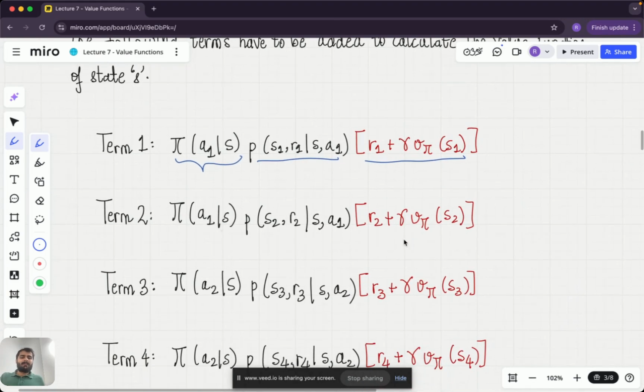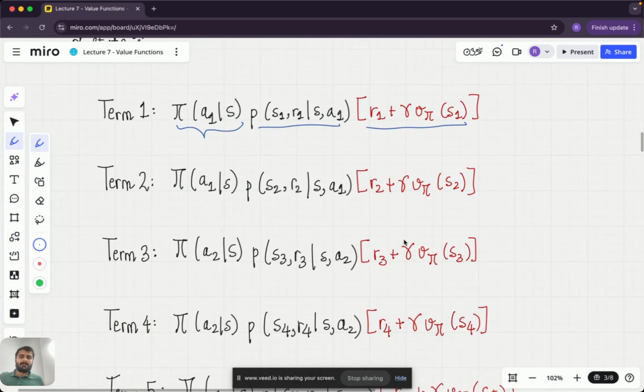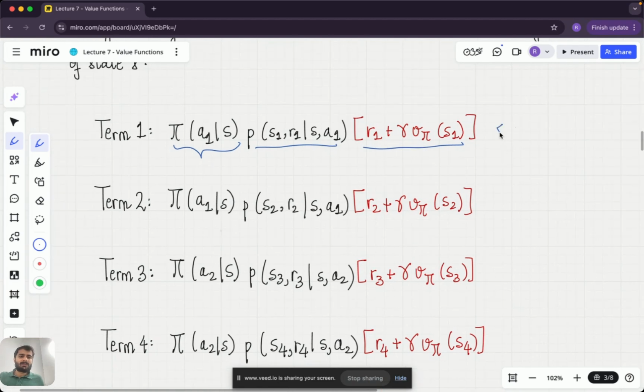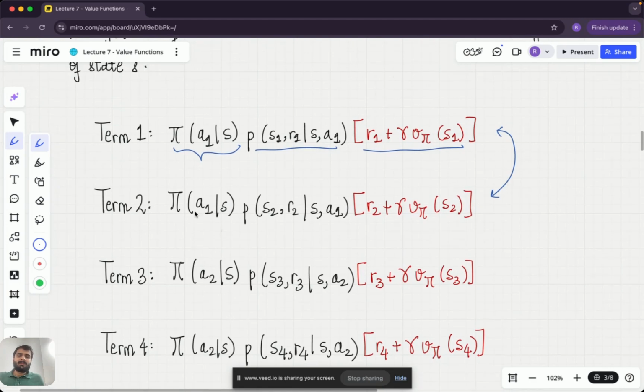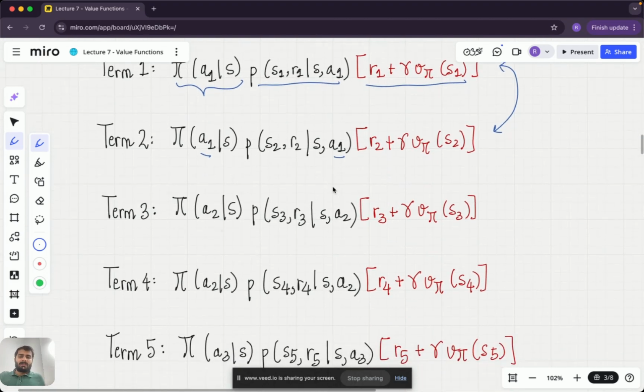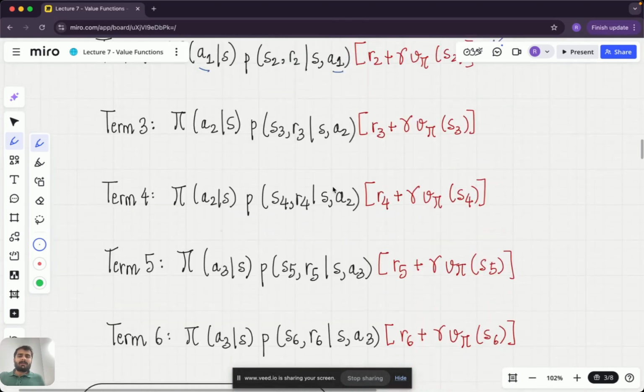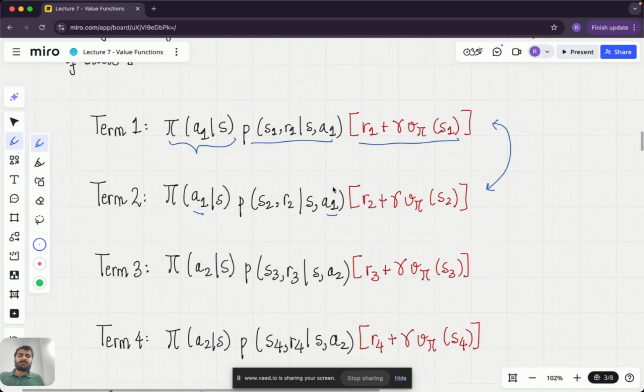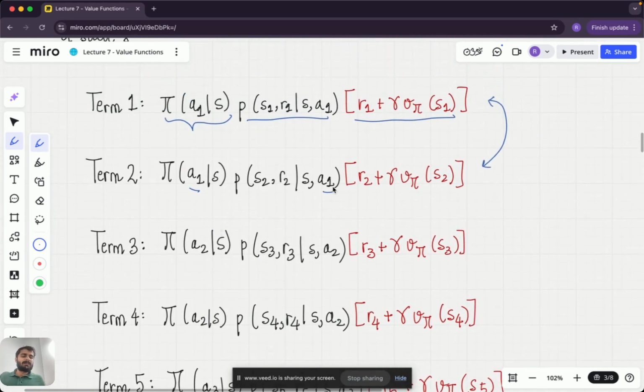And we apply the same logic to all of these six terms. You can see that in these first two terms the action is the same. So here A1 stays as A1, but then the state changes and the reward also changes. So we have six terms, and the value function is going to be an addition of all of these six terms.